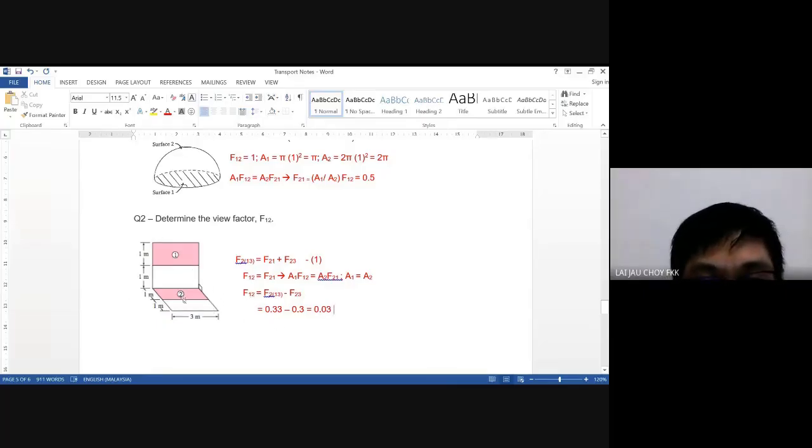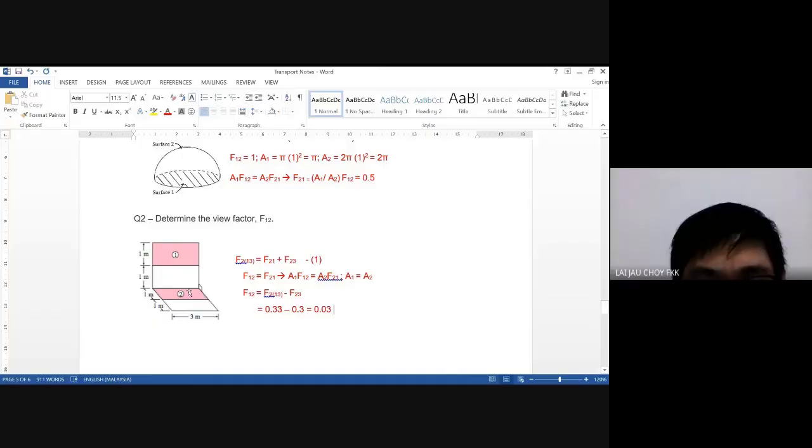Actually, surface 1 and surface 3 have the same surface area. But you see, the amount of radiation that falls on surface 3 is much bigger, because F13, where is it?